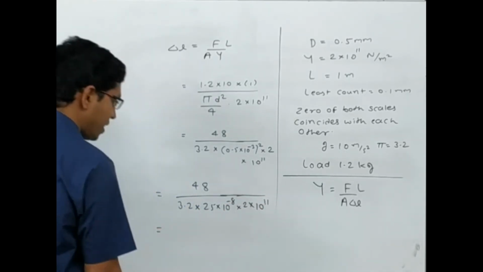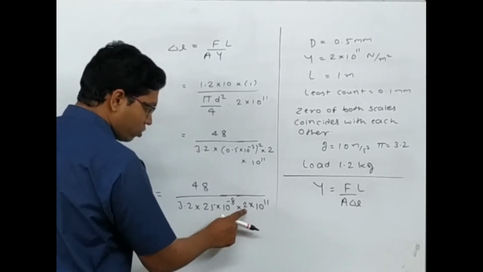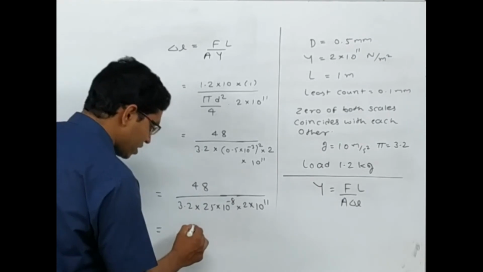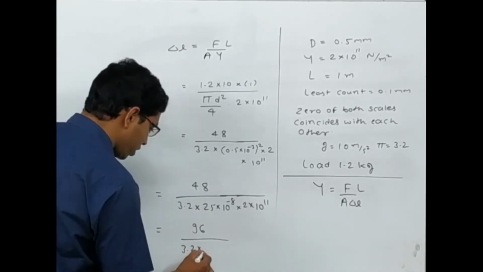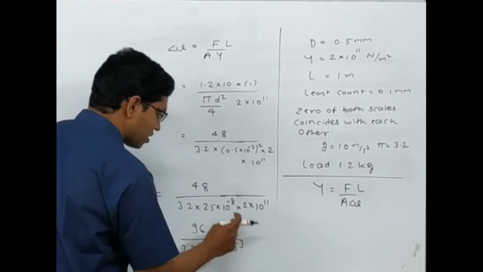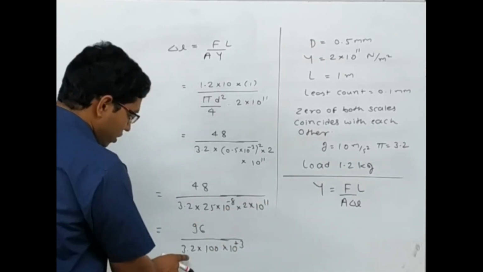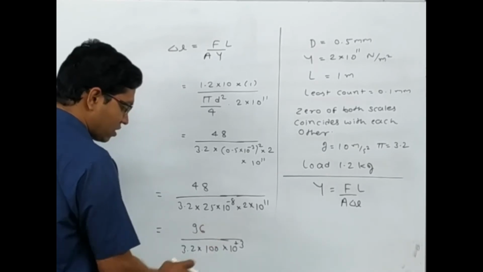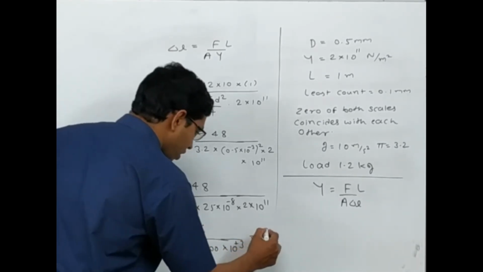If you see it carefully, then this is going to become 25 into 2 is 50. If I multiply 2 on both the sides, this will become 96. This is going to become 3.2. This is going to become 100. This is 10 raised to minus, it will be 10 raised to plus 3. Now 3.2 and 96, what is the relation? This is 3 times 3.2, so it is going to become 30.